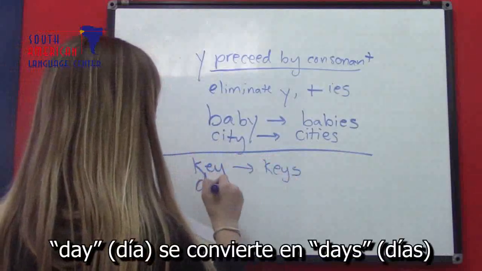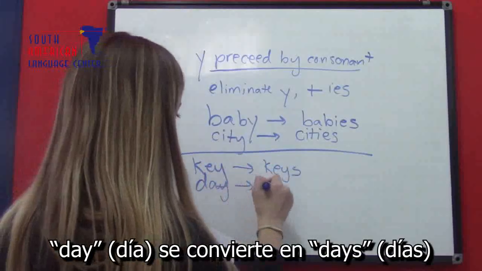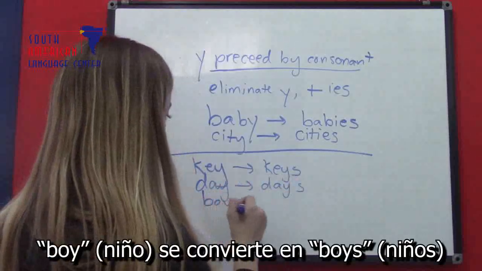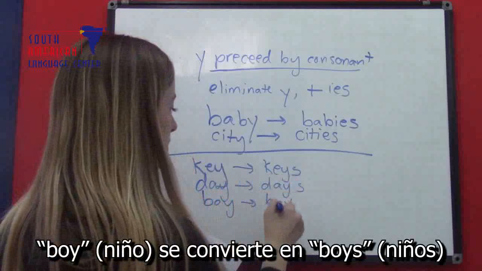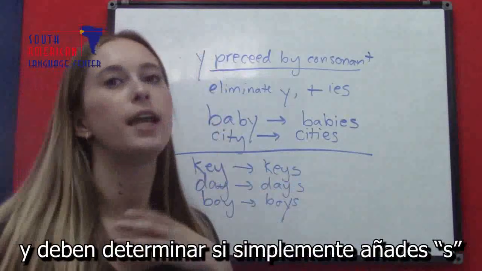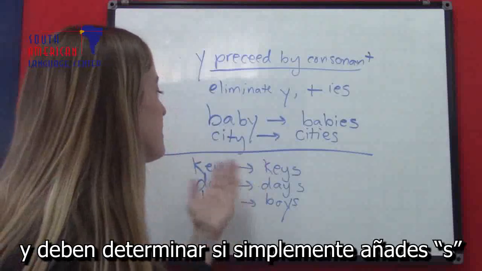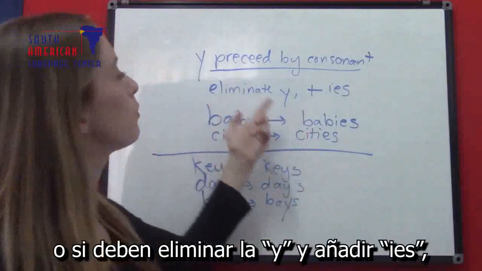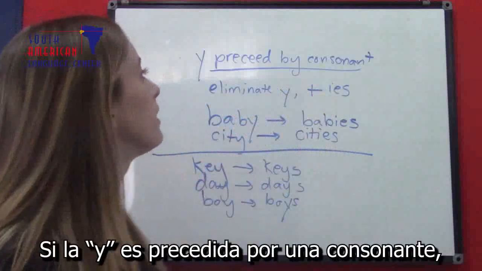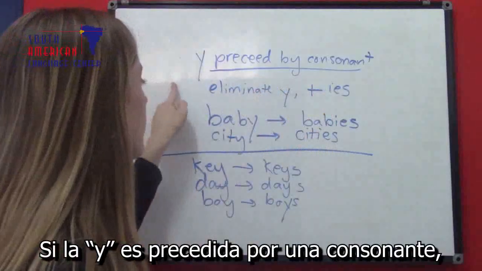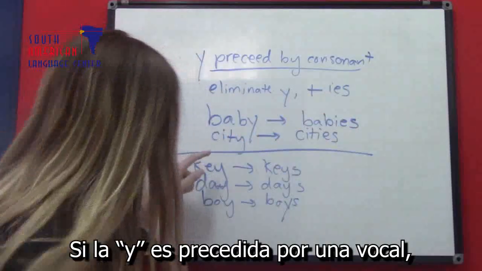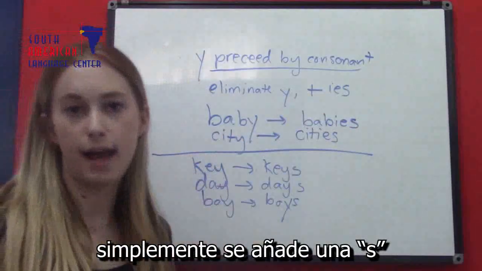Day becomes days. Boy becomes boys. So if you see a noun ending in a Y, and you have to determine if you should simply add an S or eliminate the Y and add IES, you look at the letter before the Y. If the Y is preceded by a consonant, you eliminate Y and add IES. If the Y is preceded by a vowel, you simply add an S.